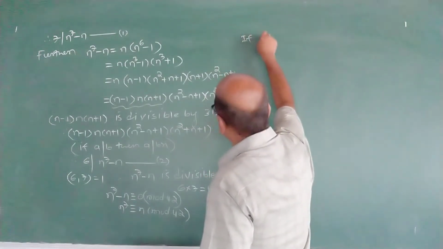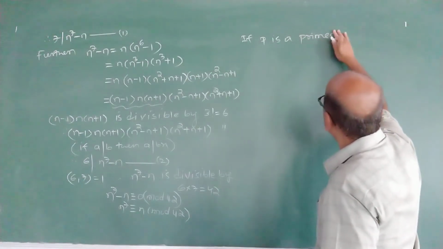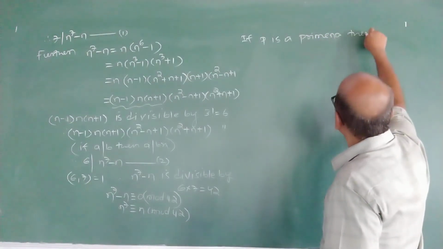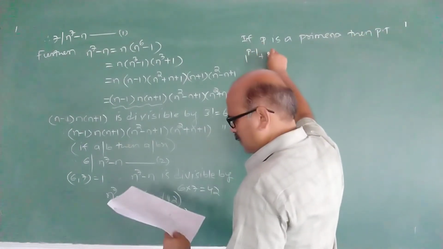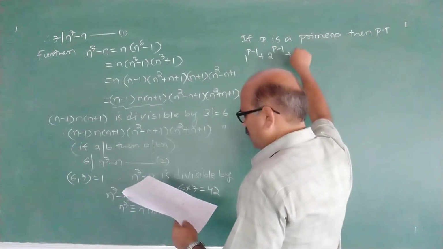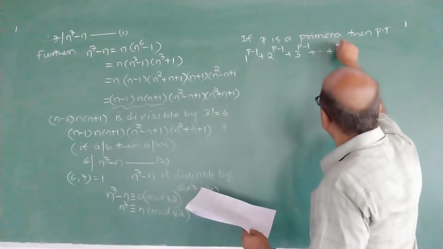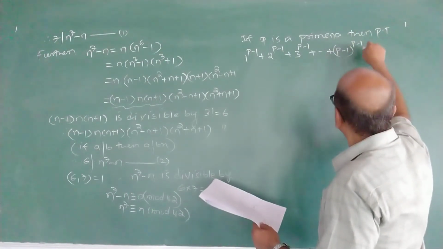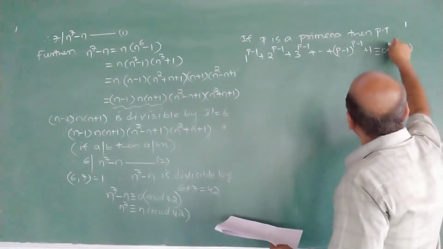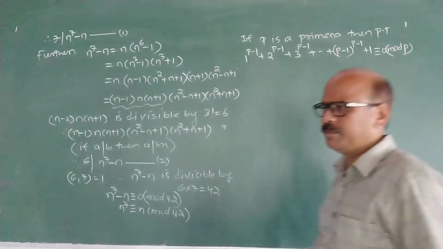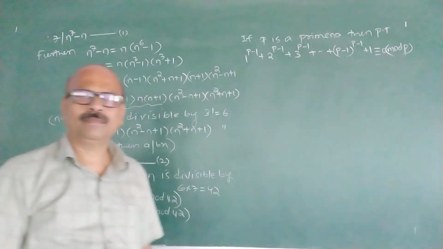Next, if P is a prime number, then prove that 1 raised to P minus 1, plus 2 raised to P minus 1, plus 3 raised to P minus 1, plus and so on up to P minus 1 raised to P minus 1, plus 1 is congruent to 0 mod P. Again, application of Fermat's theorem.